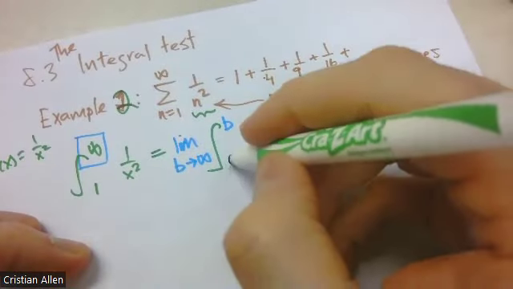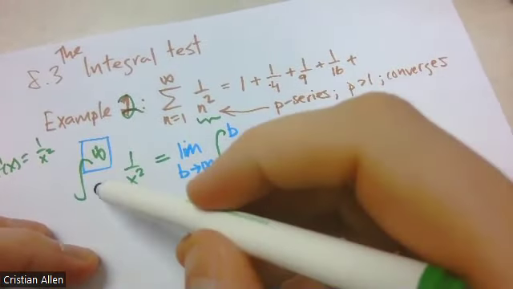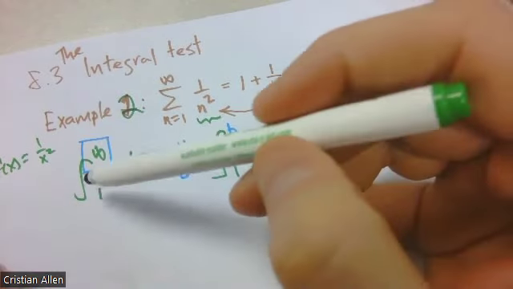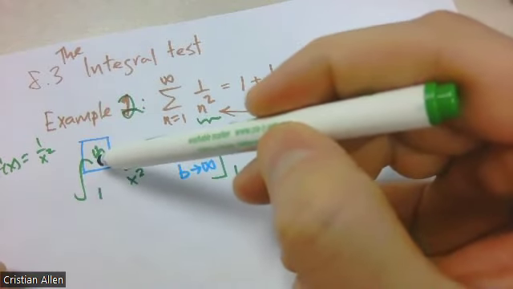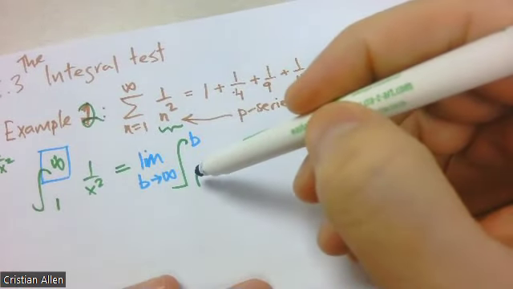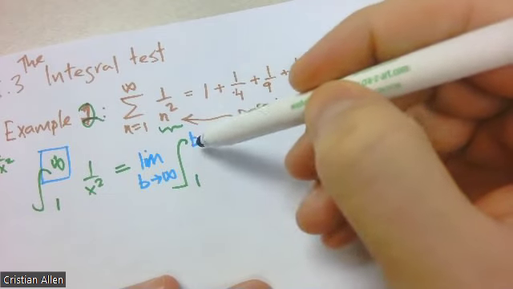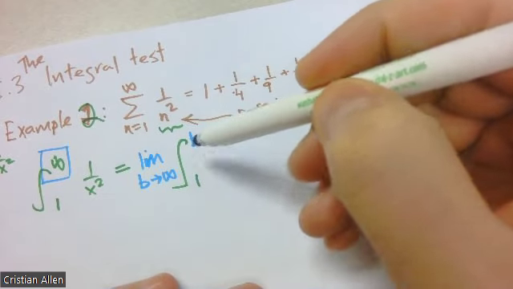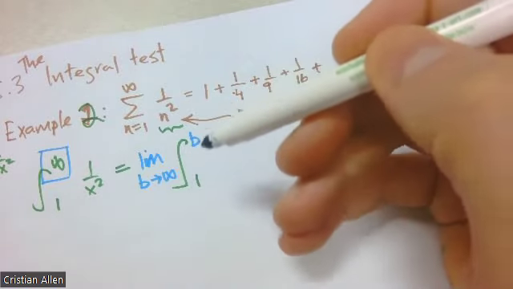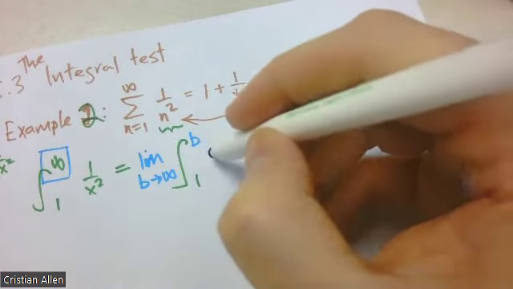This is our workaround, okay? Because we don't know how to integrate when there's an infinity in the bound. So what we do is we'll just do 1 to a number, which we do know how to do, but we'll limit that number to infinity. So this will get us to the same thing.